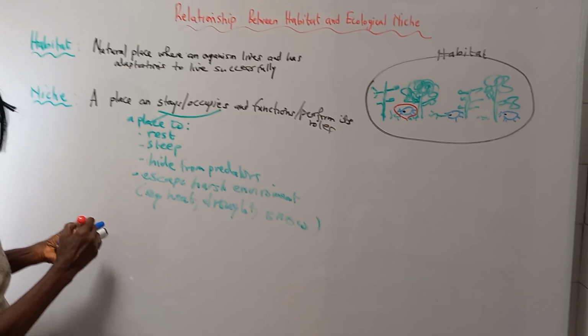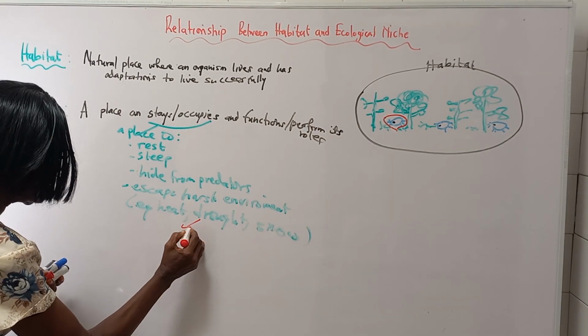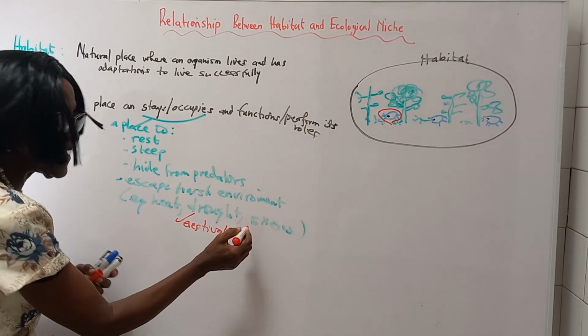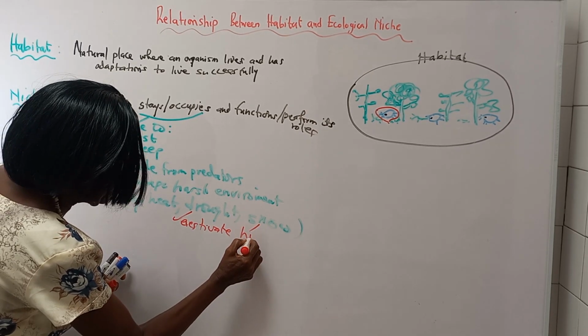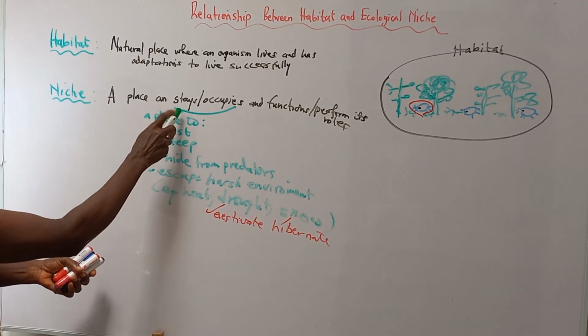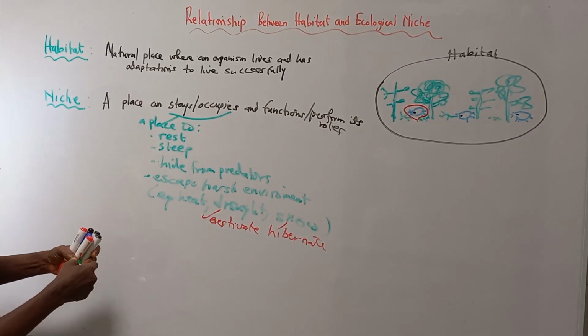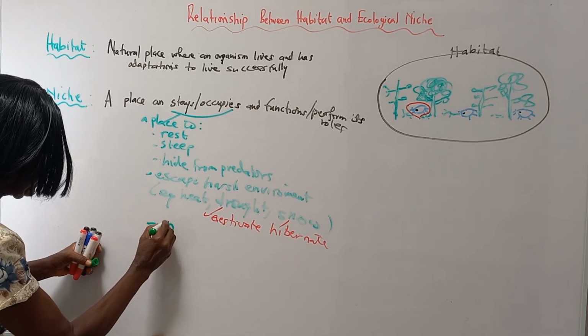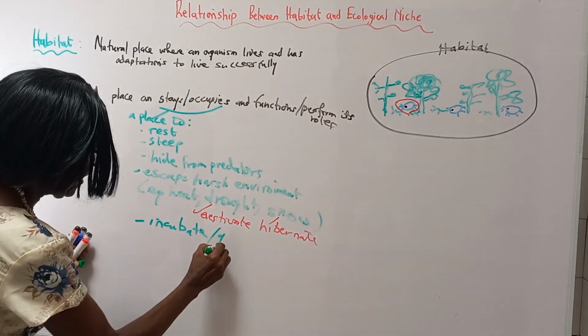And when they escape drought, they usually aestivate. And when they escape snow, they hibernate. Well, an organism can occupy or stay in a place to incubate its eggs or give birth.